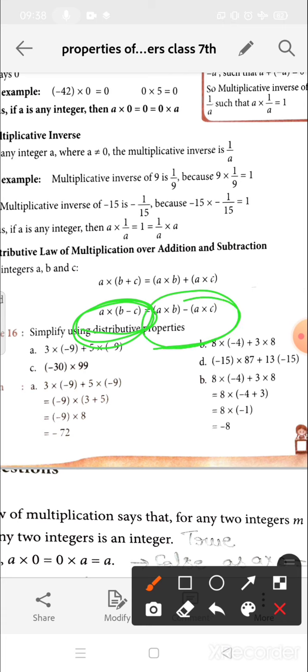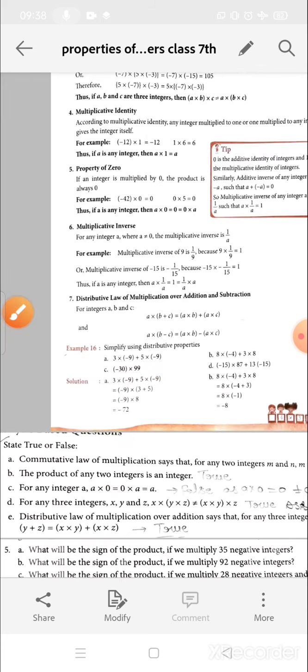This is the distribution over subtraction, and this is the distribution over addition. So we can say that our multiplication is distributive over addition and also over subtraction. Clear? So this is the distributive property of integers over addition and subtraction.